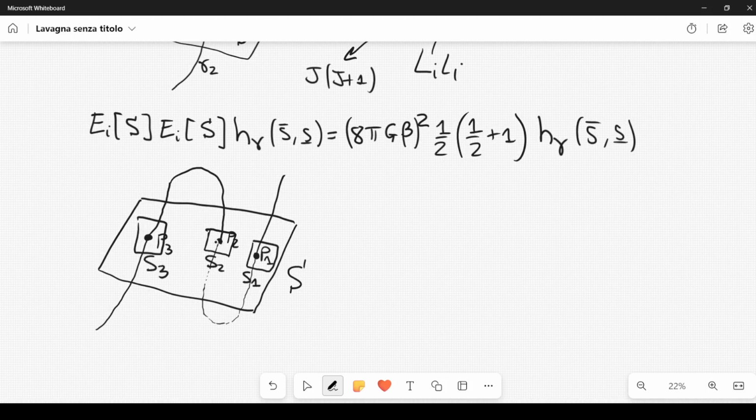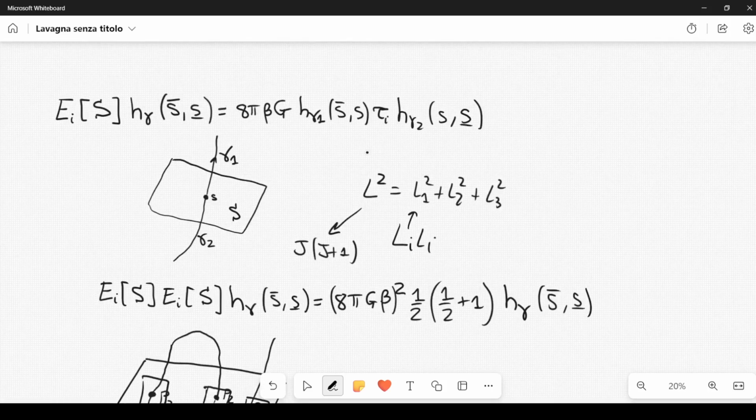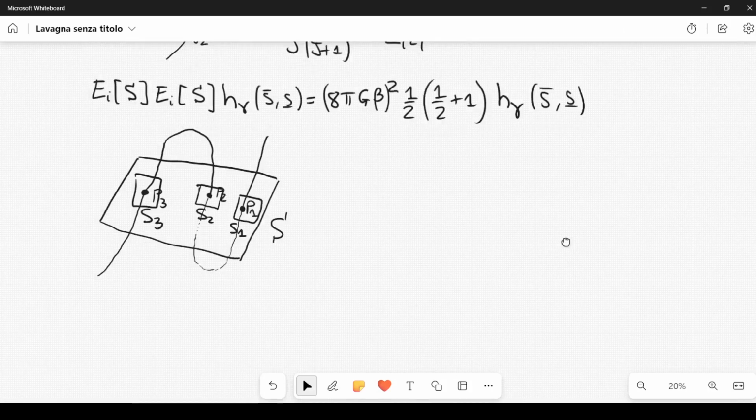Now, for each of these surface elements, we can apply the results that we have there because we only have one point of intersection over these three surfaces. So you can try to generalize the result that we obtained, for example, in here. And we can write the following.